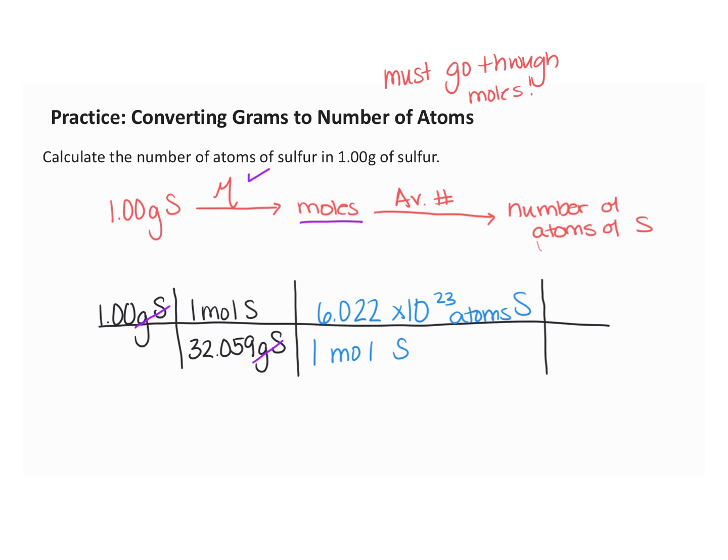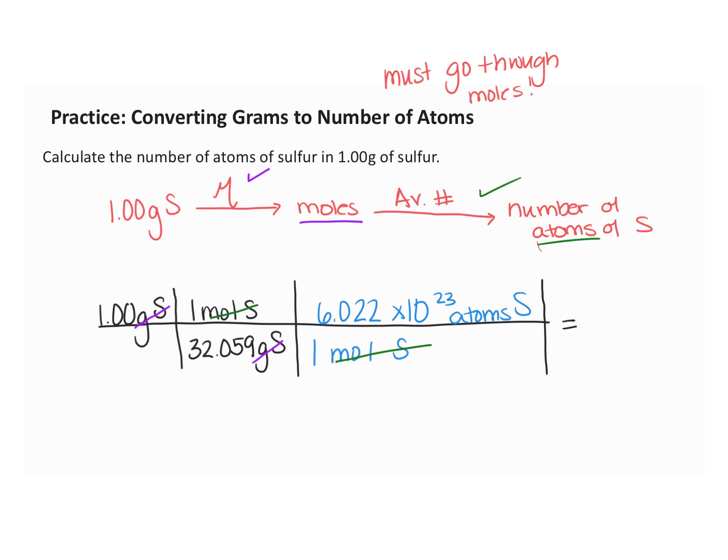And so when I look at that, I can see that my moles of sulfur cancel here and I'm left with atoms of sulfur, which is what I'm looking for. So before I pick up my calculator, I have a built-in double check by checking my map, making sure my units cancel.